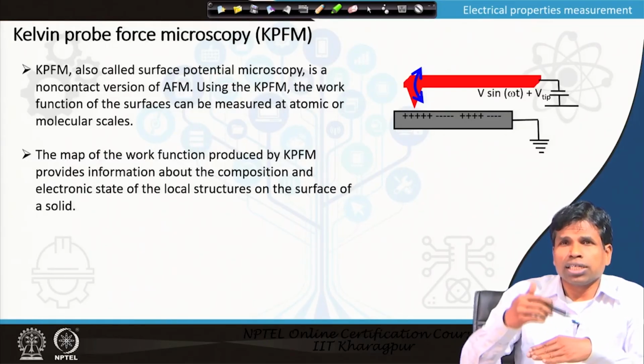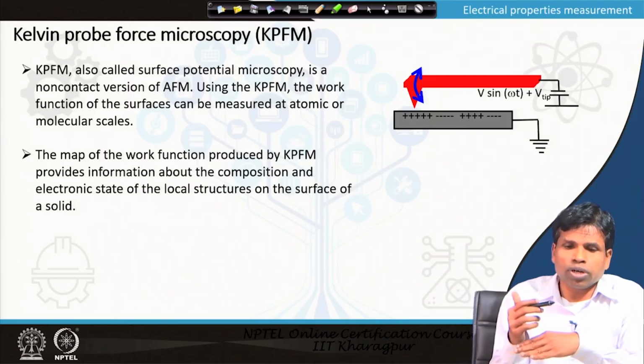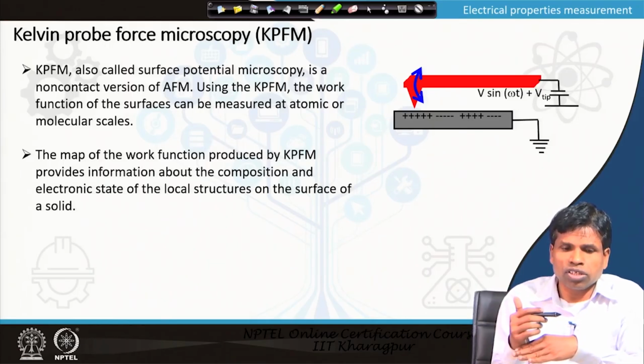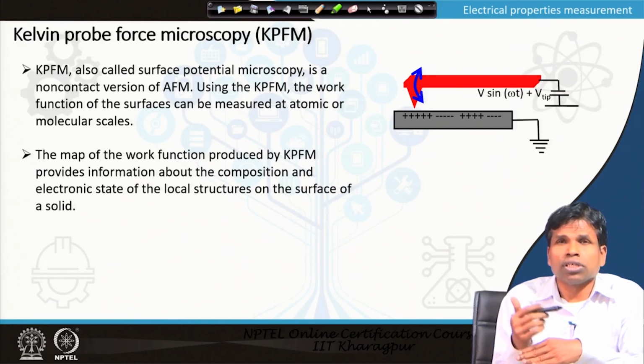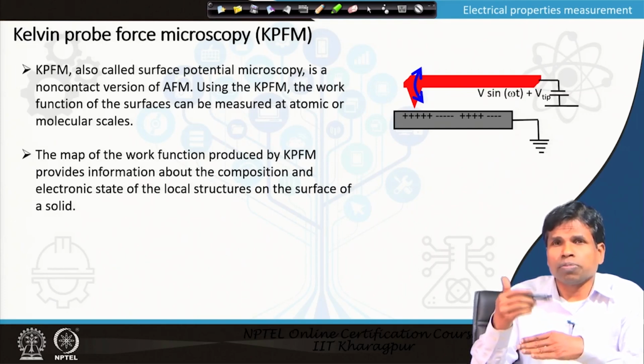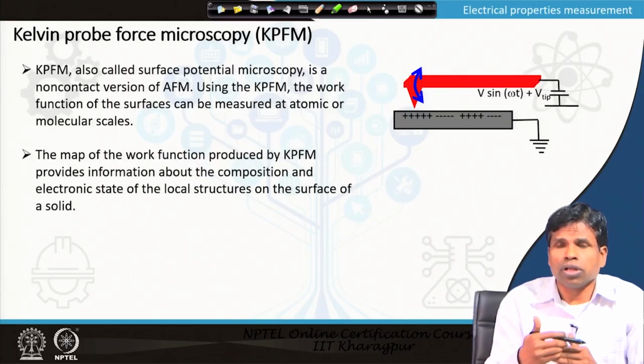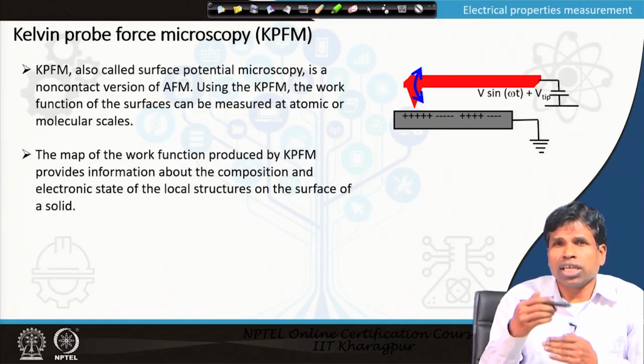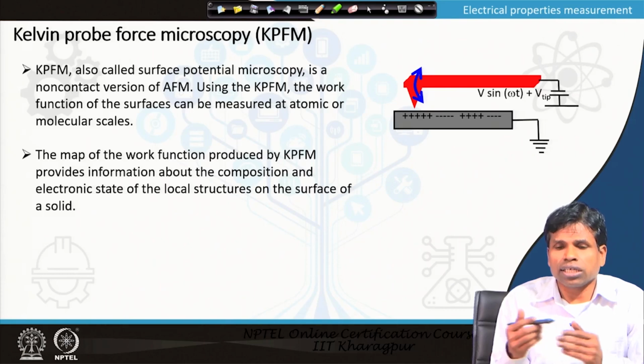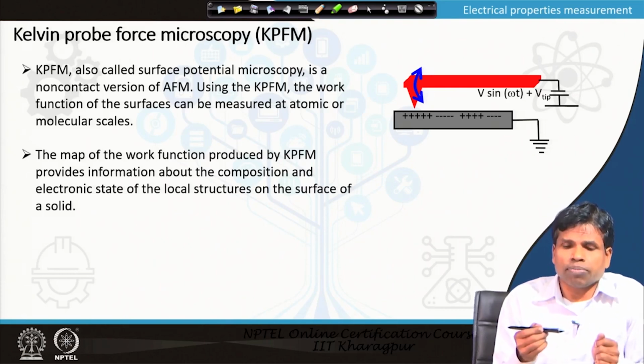So, here the tip oscillates. One of the important things in Kelvin probe microscopy is that the tip has to be conductive, and it has to oscillate above the surface of the sample. When it oscillates above the sample surface, it changes. This is like two electrodes in a parallel plate capacitor.